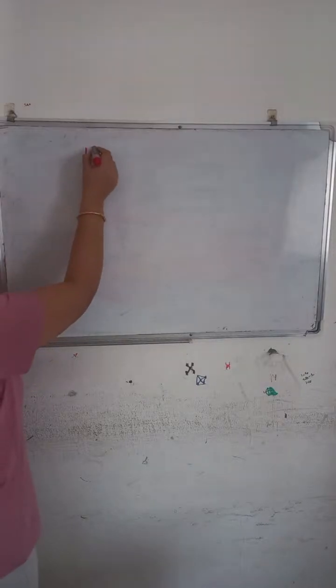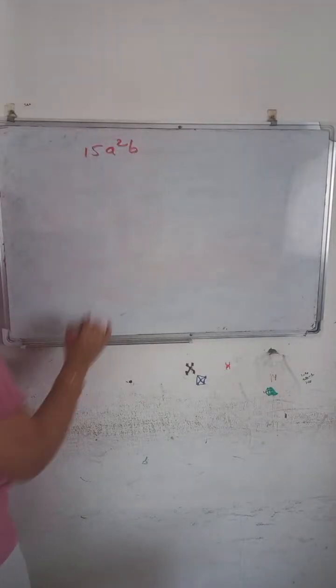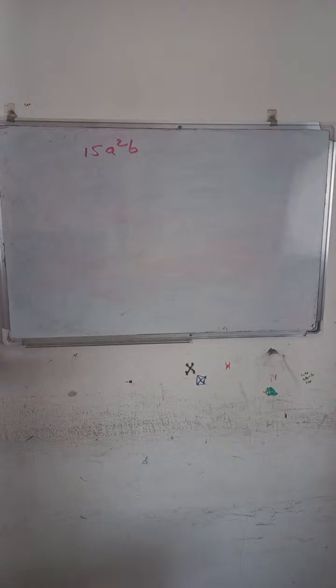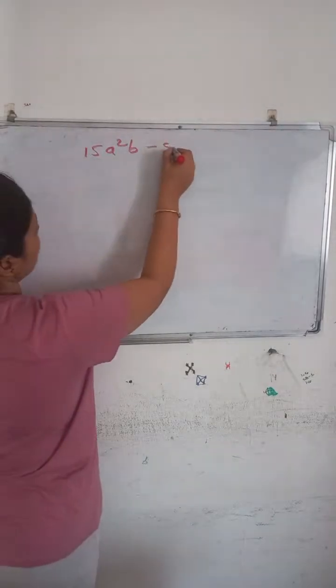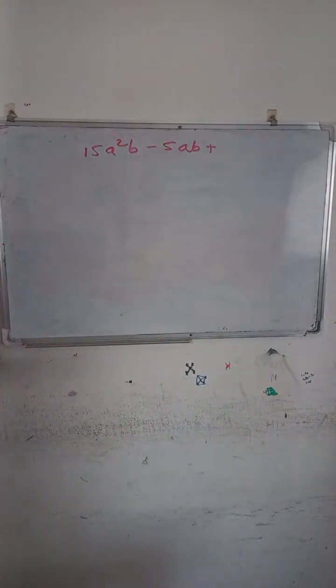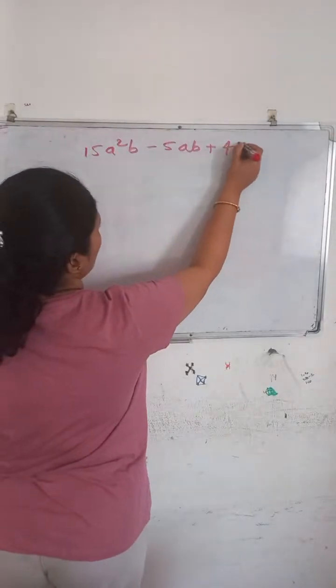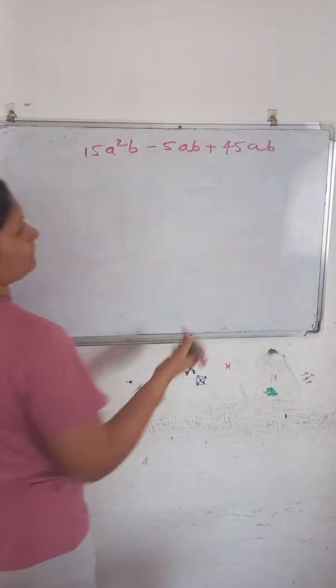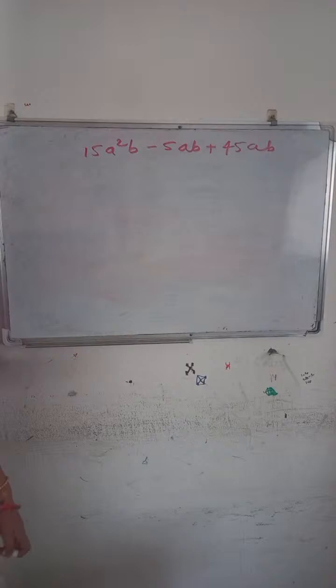So next is 15a square b minus 5ab plus 45ab square. You can check now, 15, 5 and 45 are all multiples of 5.